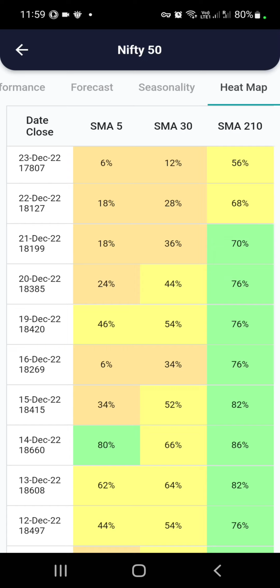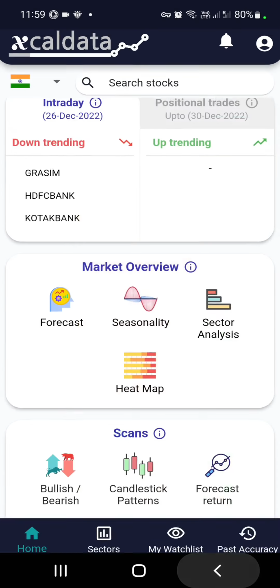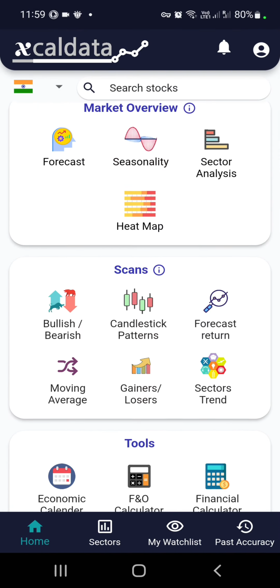So it's pretty much a weak position to be in, and on a simple moving average, about 5-6% of the stocks are in that range. So most likely the market would be dull tomorrow. So that's the high level view.